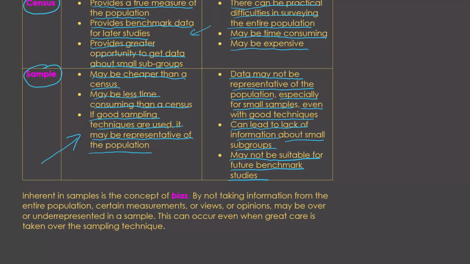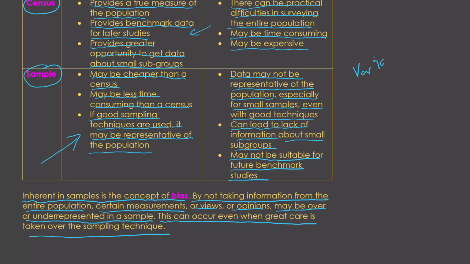Inherent in samples is the concept of bias. By not taking information from the entire population, certain measurements or views or opinions may be over or underrepresented in a sample. This can occur even when great care is taken over the sampling technique. There's just going to be some inherent variation in samples.